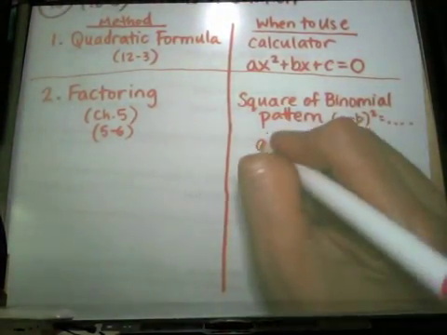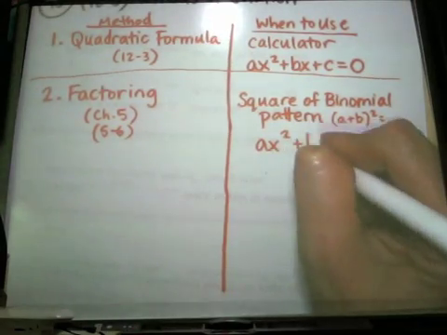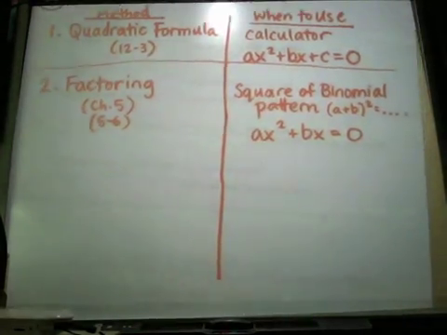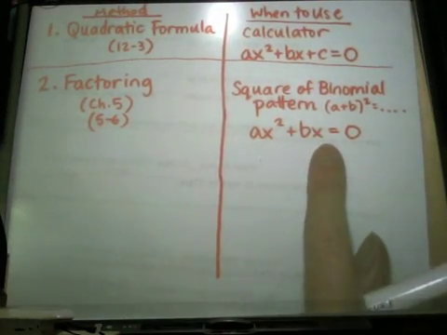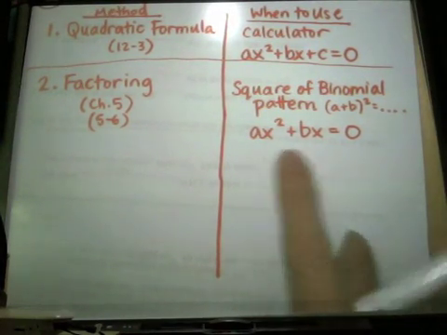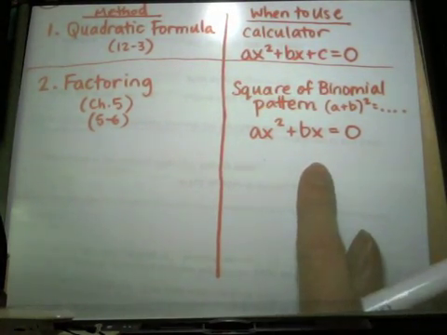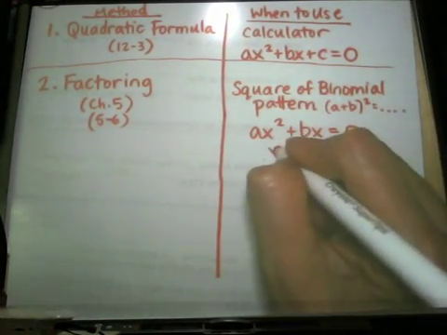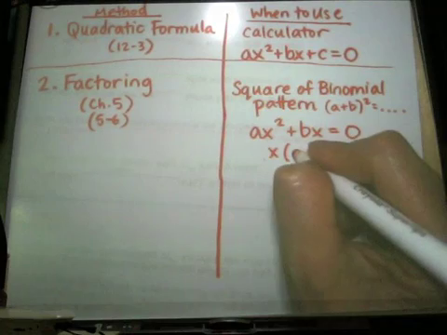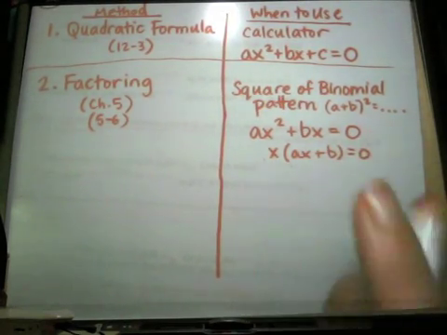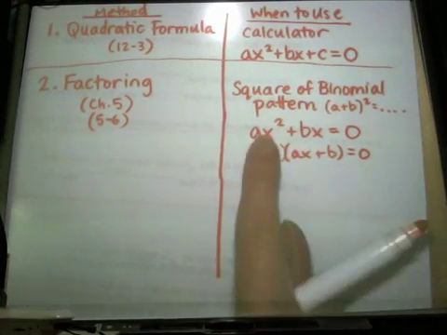Or, if it looks like this, now I haven't specifically focused on this particular pattern. Notice what's missing. There's no plain number. In a situation like this, I'm just going to remind you here of the notes because we haven't done this particular kind of factoring in a while. If there's no plain number, we could factor an x out of here. And then we'd get this. And then I have 2 factors, right? I took an x out of both of those.